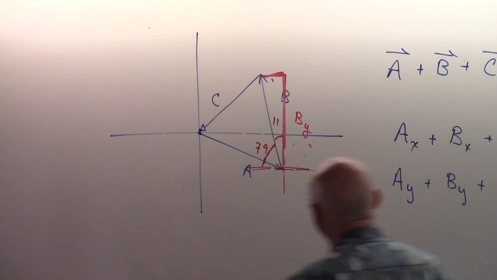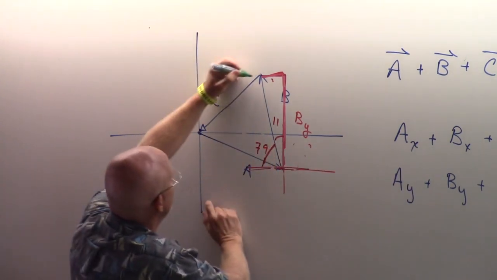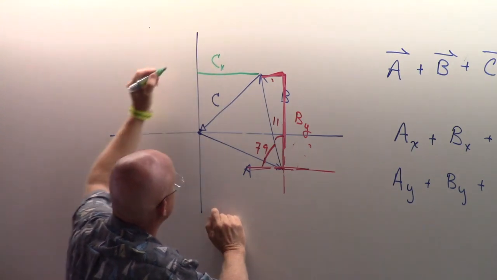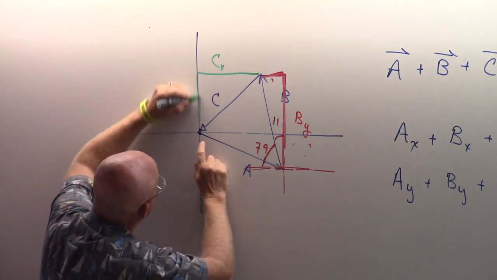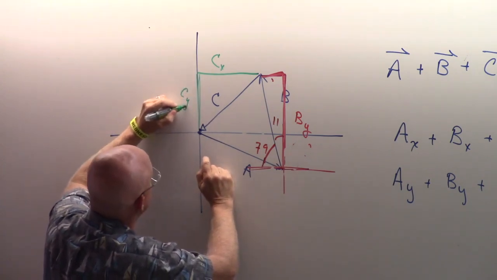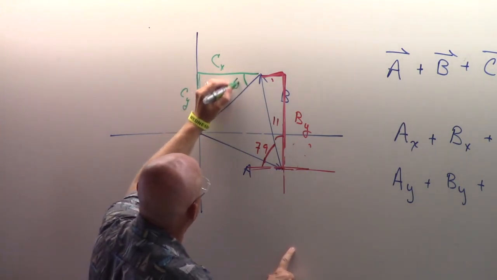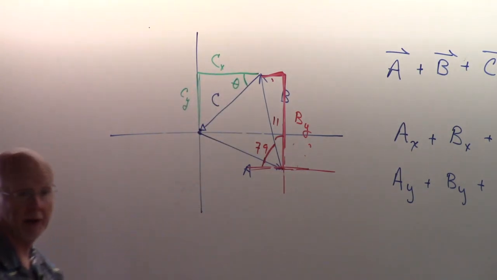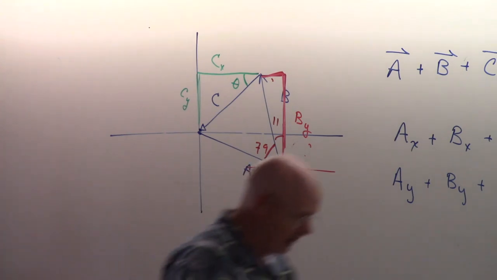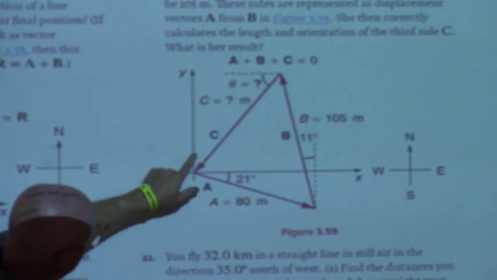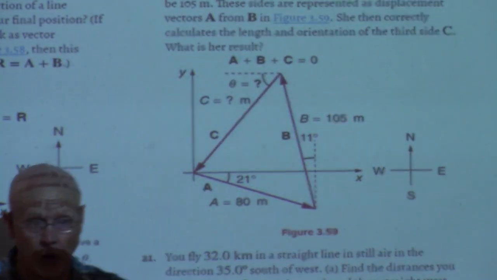But now maybe we should think about this fence as being so much in the x direction, that's the cx, and then so much in the y direction, that's the cy. And we're asked for this angle right here. Let's call that angle theta. Of course, they could have done the orientation from a lot of different orientations. They could have done the angle within the property instead of outside the property, or maybe even down here. But that's what they chose, so I'm going to go from that angle.